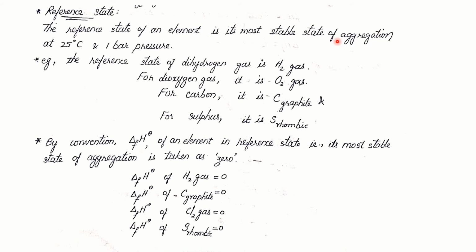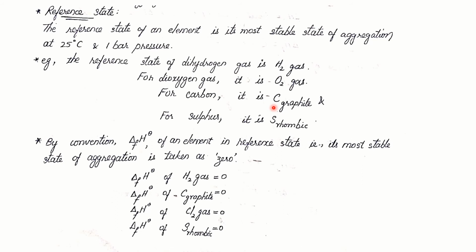Because it is the most stable state of aggregation that can exist at 25 degrees Celsius and 1 bar pressure if you take the different allotropic forms of carbon. So this is very important, as we will be writing graphite as the most stable state of aggregation of carbon when we write the equation corresponding to the formation of 1 mole of a carbon compound in problems that you would be dealing with in this chapter.